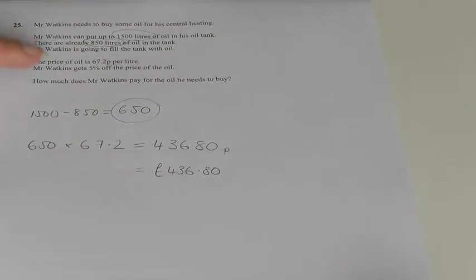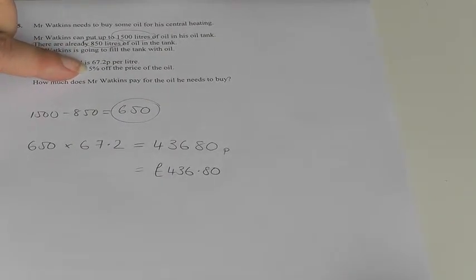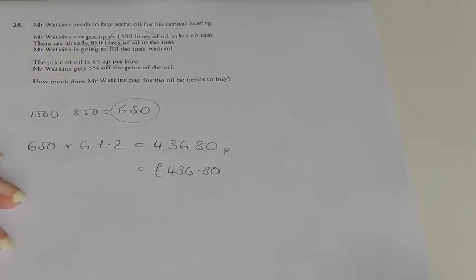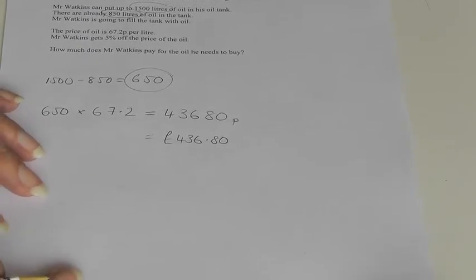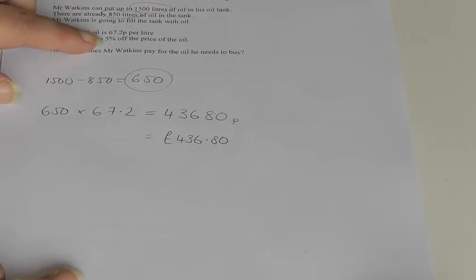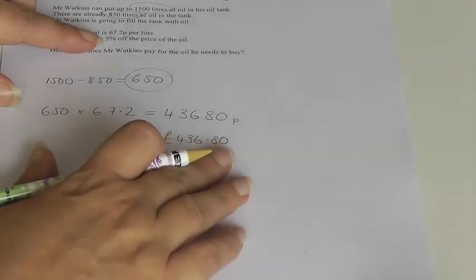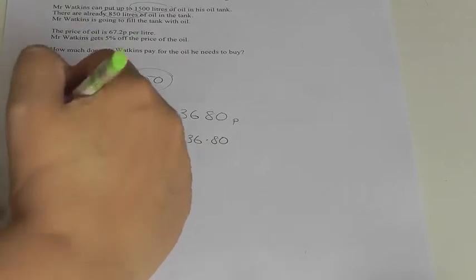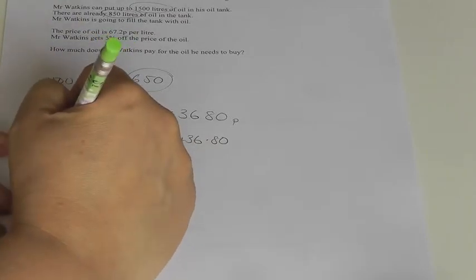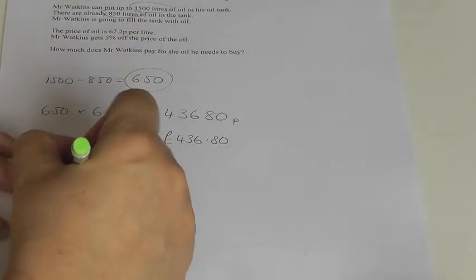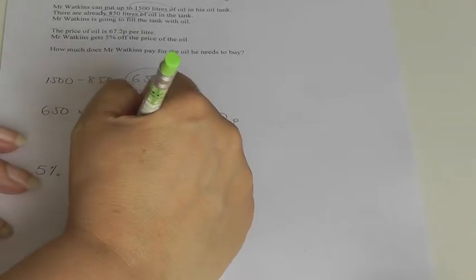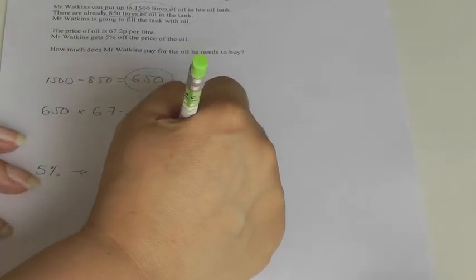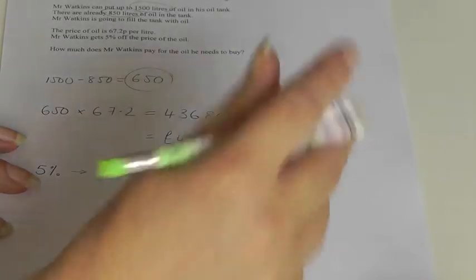Now at this point, I haven't worked out his 5% discount, so that's what I'm going to do now. You have a calculator, and I would suggest using it for this question and using a calculator method to work it out. If I'm going to get 5% off of the price of oil, the first thing I need to do is calculate 5%, and 5% as a decimal, I divide it by 100, which gives me 0.05.